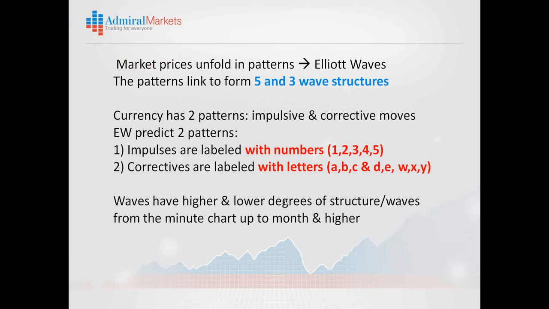So basically, market prices unfold in patterns, and these patterns are called Elliott waves. Very simply put, they are 5- and 3-wave structures. If you're in an uptrend, you would have 5 waves up, and then those 5 waves would be corrected with a 3-wave structure.